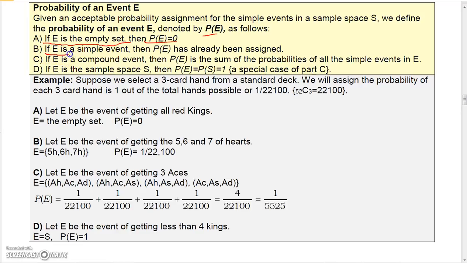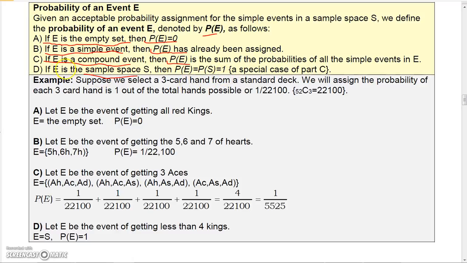If your event is simply a simple event, then we already talked about that up here. We've already determined and assigned a probability to it. If the event is a compound event, then to find the probability of the event, all we do is add all of the probabilities of all of the simple events that make up the event E. And if for some reason E is the sample space, then the probability of E is just going to be 1, because that's basically everything.